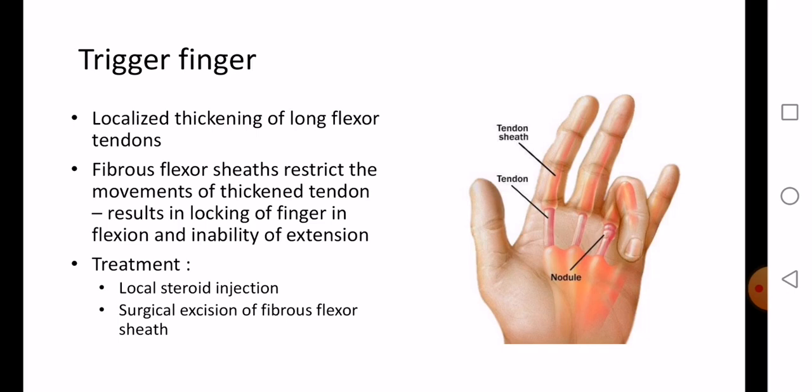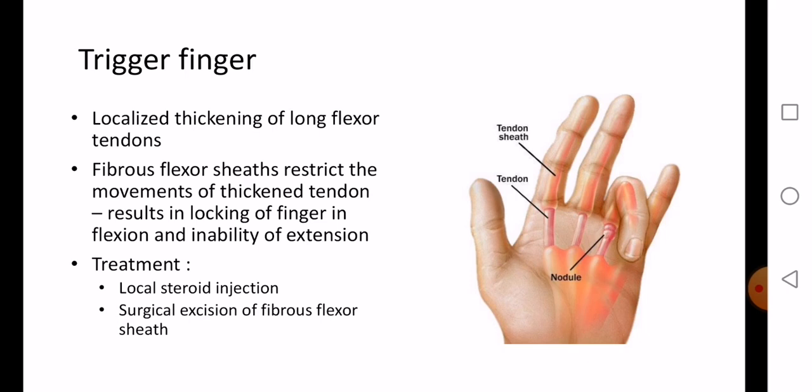So localized thickening of the long flexor tendons and the fibrous flexor sheaths restricts the movements of the thickened tendon, resulting in locking of the finger in flexion. The patient won't be able to extend the fingers, because when it has to extend, that thickening also should move, but that movement is not possible because of the fibrous flexor sheath.